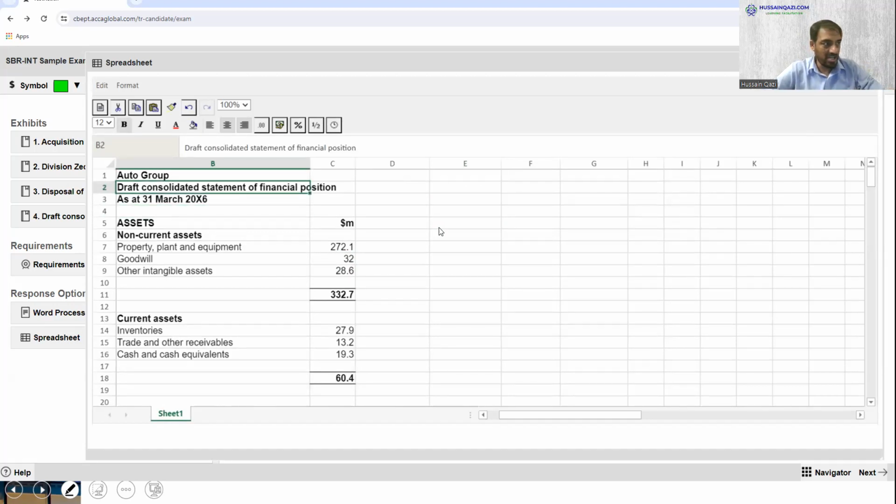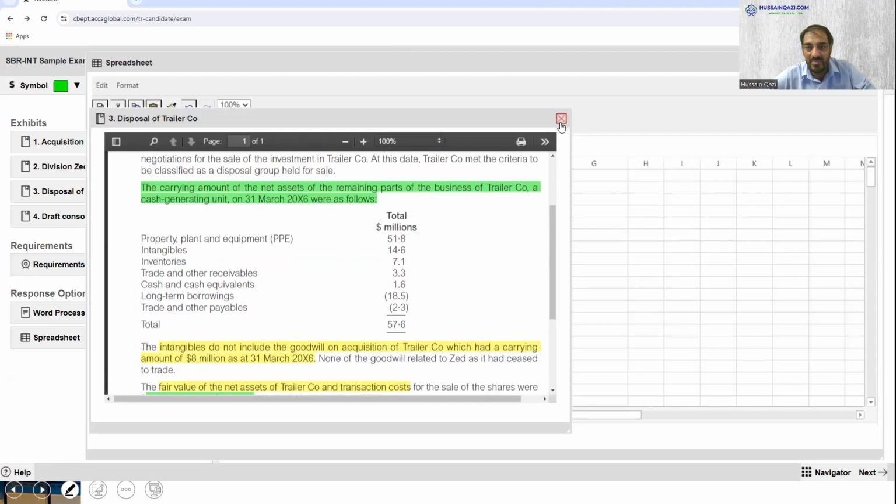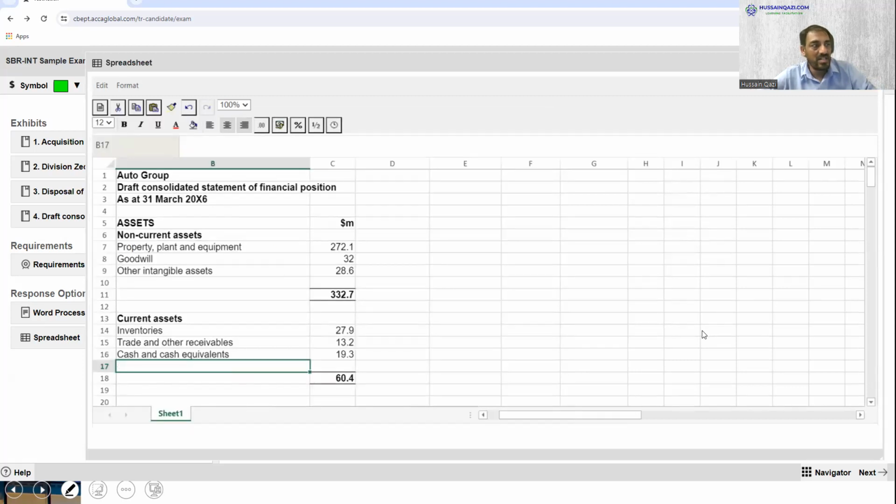So where we should start working, we have to reclassify the Trailer identified assets or liabilities as disposal group. So we can start the question in this manner: disposal group assets as held for sale.